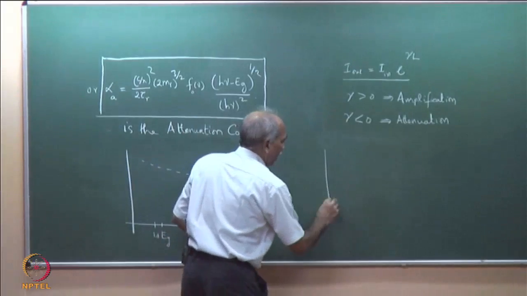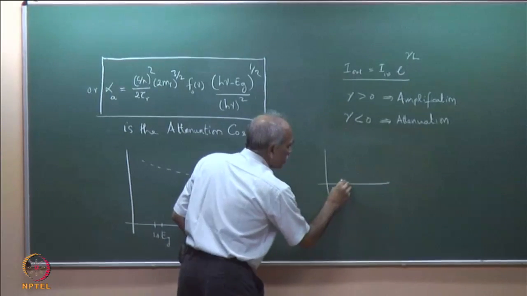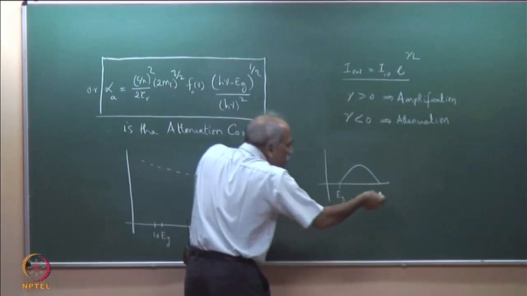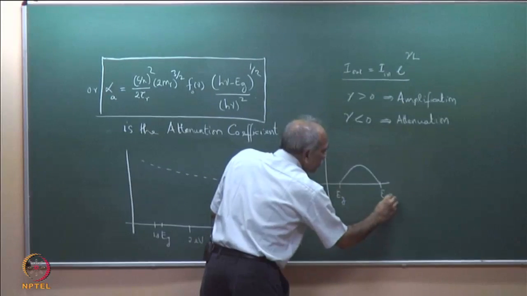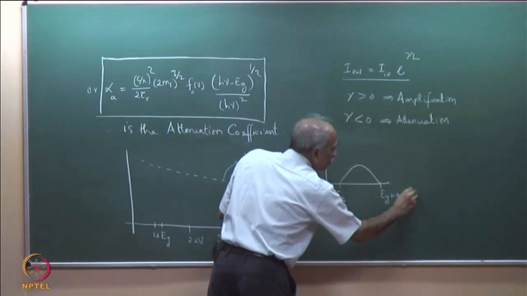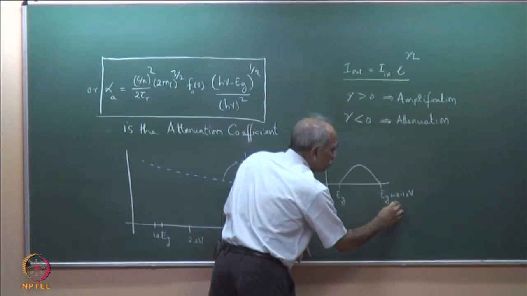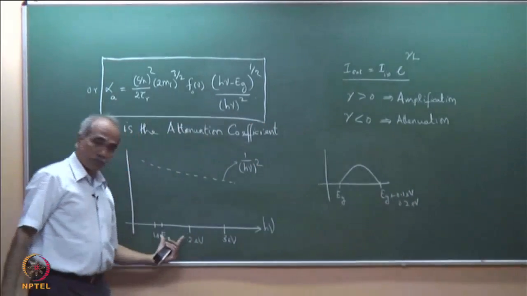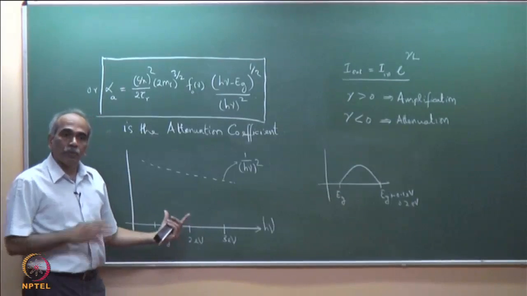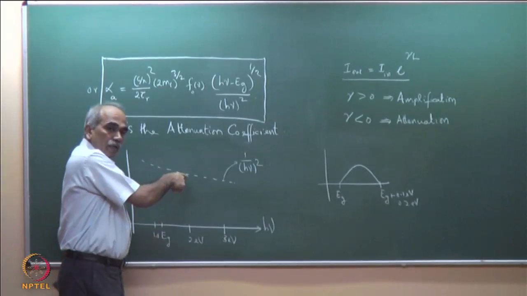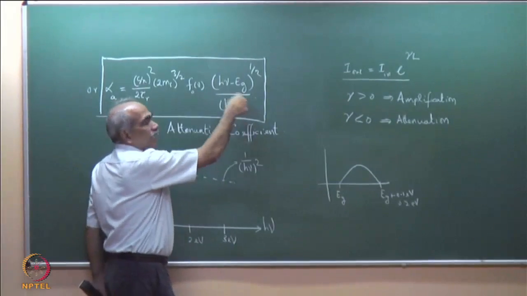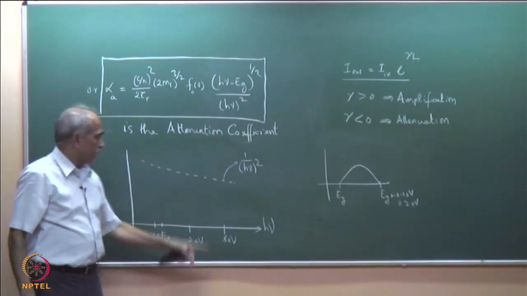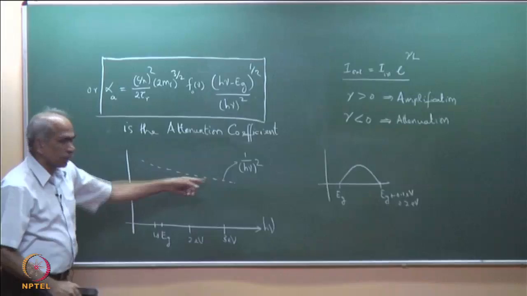The plot which I had made earlier, this amplification band corresponds to Eg to approximately Eg plus 0.1 eV or 0.2 eV. 0.2 eV is a very small range of this spectrum that I am going to plot now, and therefore, I had assumed this dependence as constant, but now we want to plot it over a wide range, and therefore, I have to consider that.